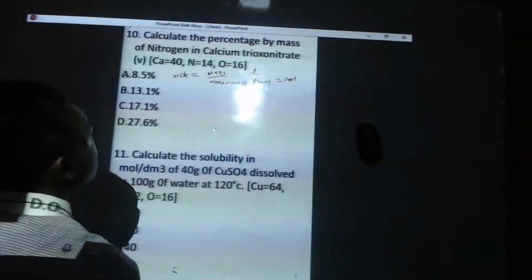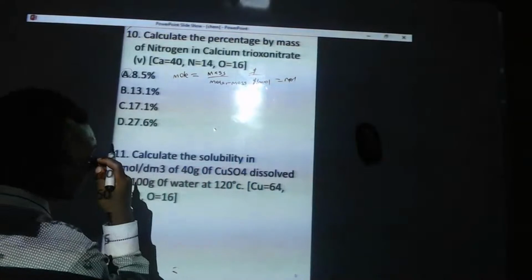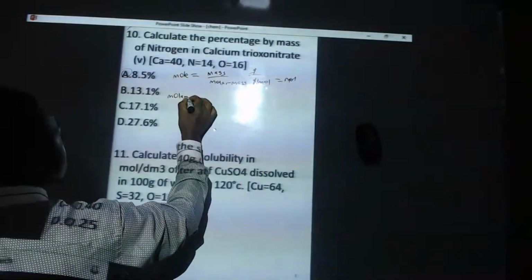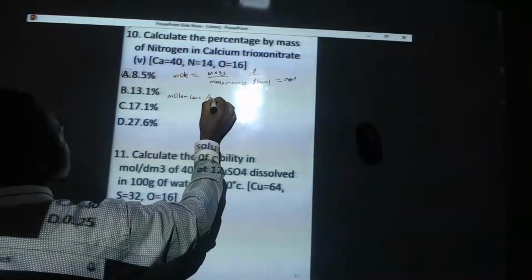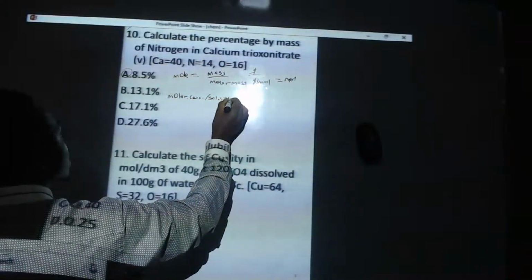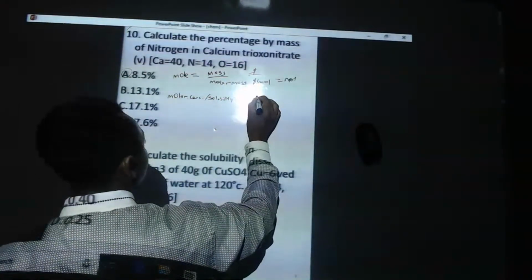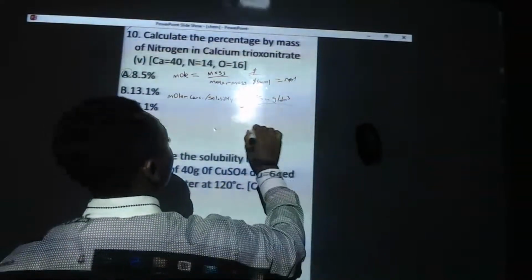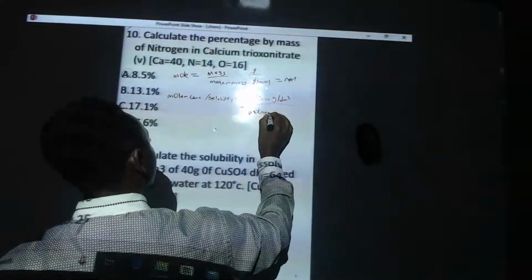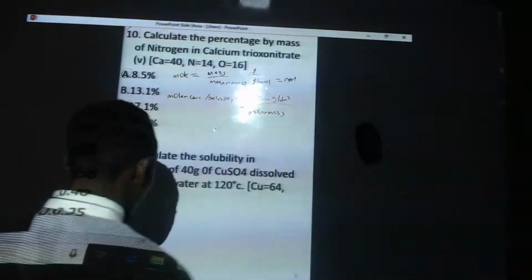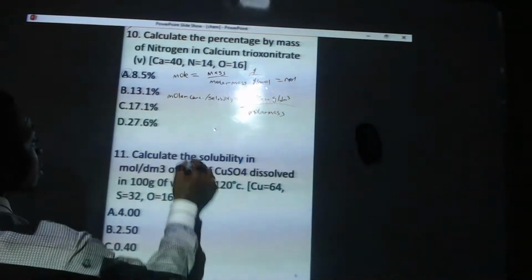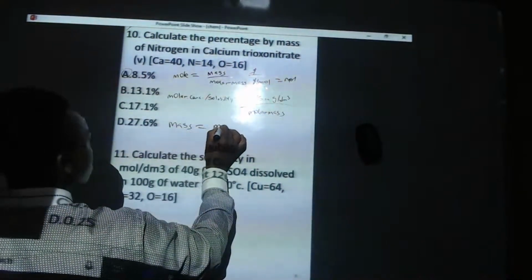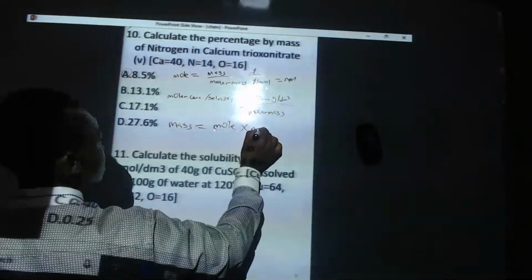Then the next thing you are calculating for, just like the one we just did, is molarity, or you call it solubility. You use mass in gram per gm cube, all over your molar mass. If you are asked to find your mass, it is your mole times your molar mass.